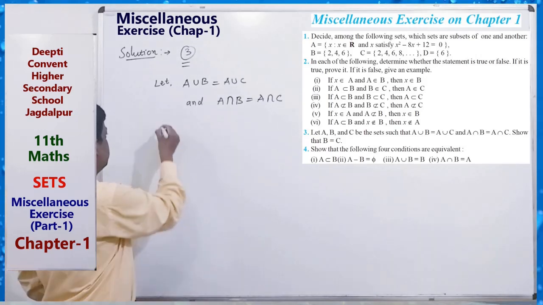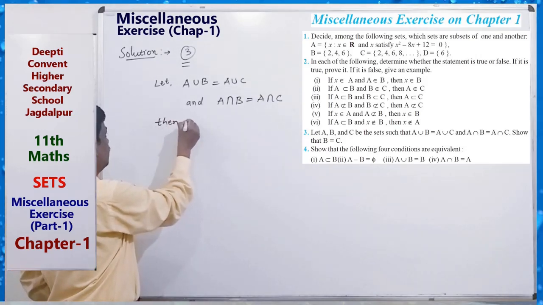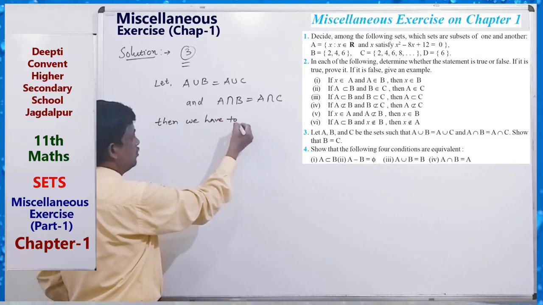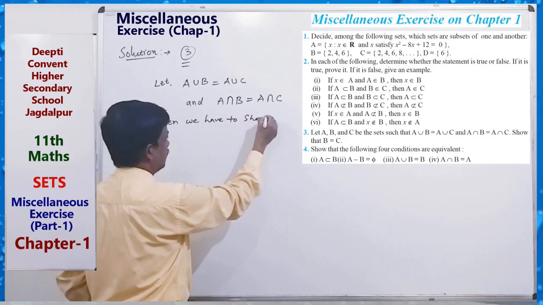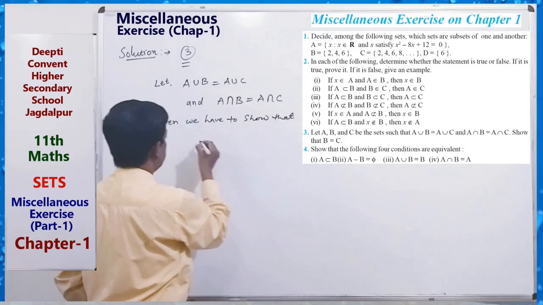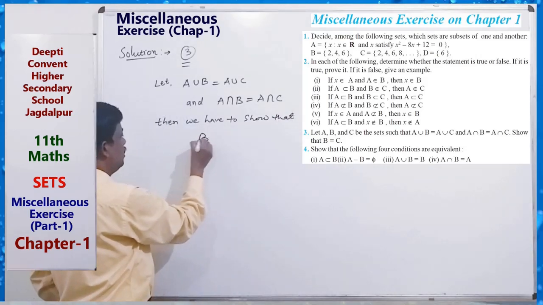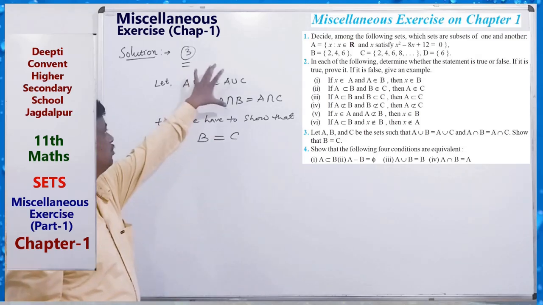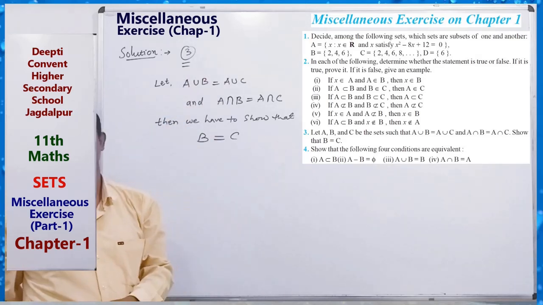Okay. Then we have to show that B equals C. These two sets are equal. If this is true, then we have to show that B equals C.